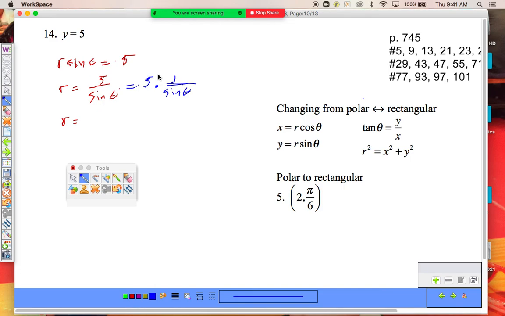Alright, so I'm going to change 5 over sine theta to 5 times 1 over sine theta. I'm going to take that fraction apart, which hopefully once we see it, we're not going to need to do. So if I have 5 divided by sine theta, which is 5 times 1 over sine theta, what is 1 over sine theta? 1 divided by sine is the same as reciprocal identity.